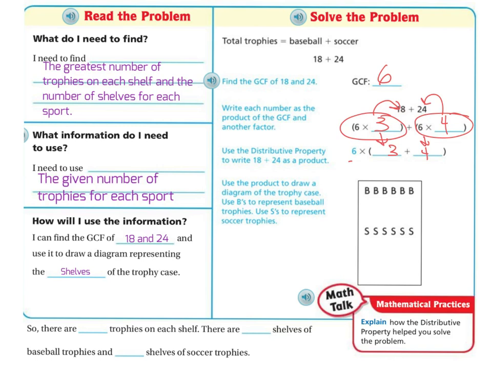So if I was using the product to draw a diagram in the trophy case, then the B's would represent baseballs and the S's would represent soccer trophies. So let's draw that in. So I have my 18 baseballs, 1, 2, 3, up to 18.